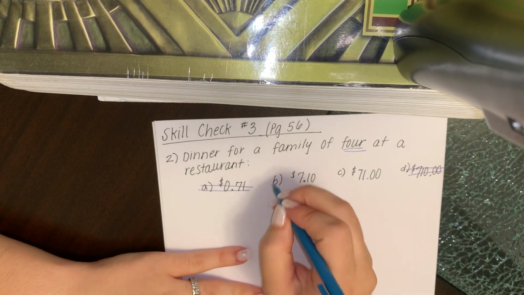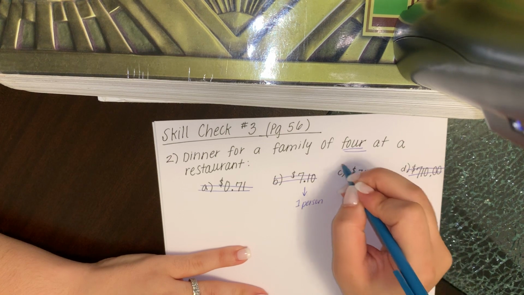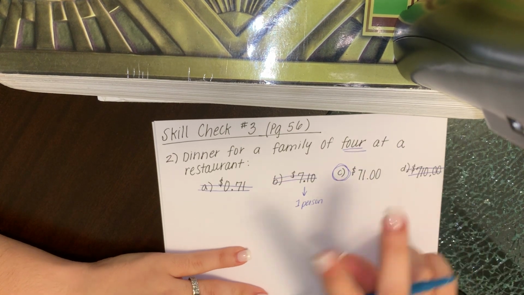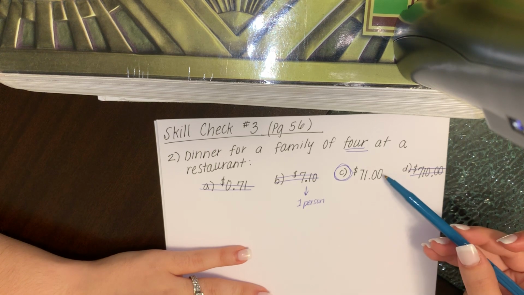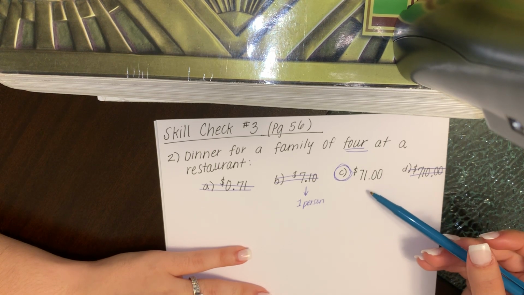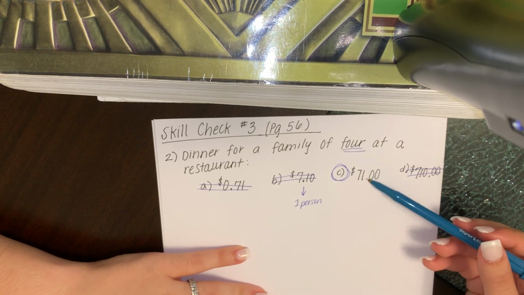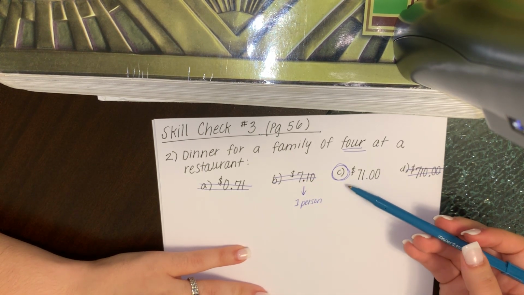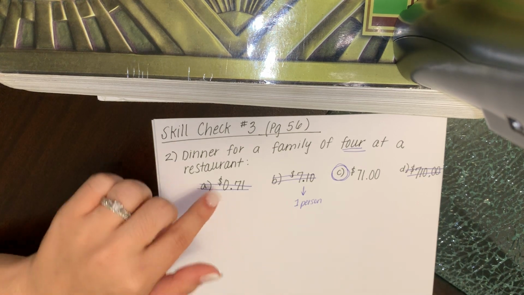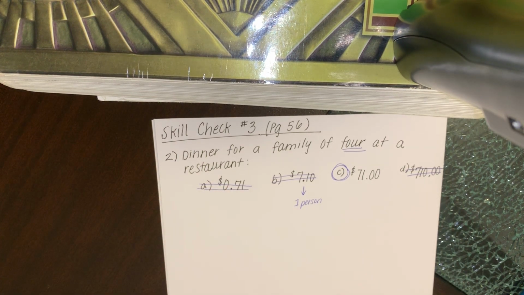Meaning that B is not my answer and C is my best answer that I can choose from. Now that doesn't mean that everybody spends about $70. It just means that this is the best guess compared to the rest of them. So that's what you're going to see on your homework. They're going to give you different scenarios and ask you which one makes the most sense.